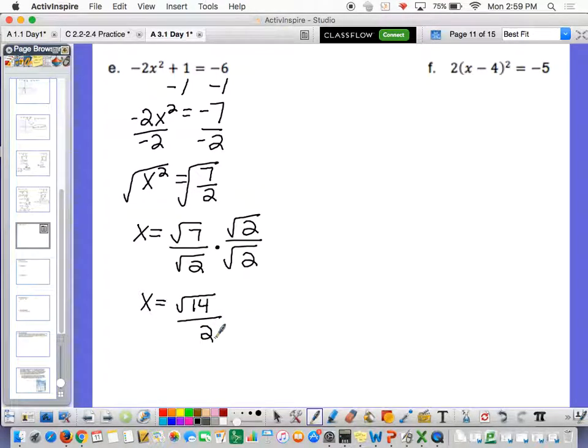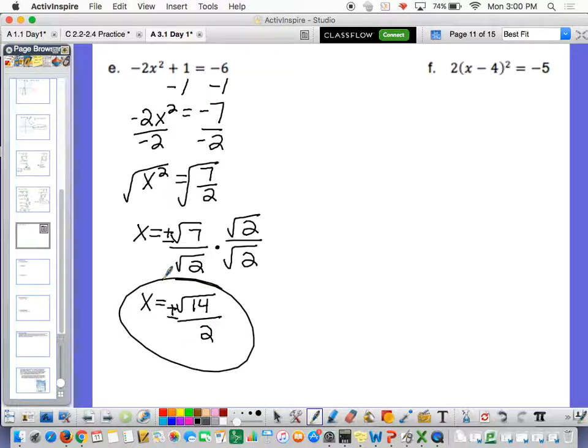And then you're just left with 2. Don't forget plus and minus. I accidentally forgot that. Plus and minus. Okay. You're just left with x is equal to root 14 over 2, or negative root 14 over 2. If you would prefer to write your answers as two different answers rather than that one, that's fine.